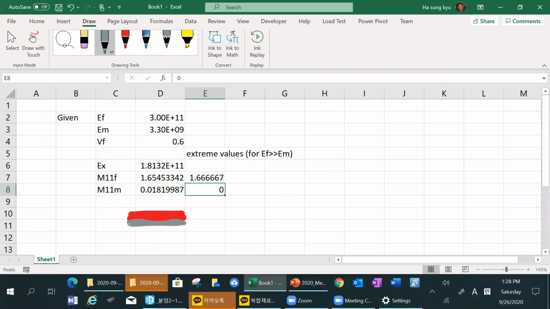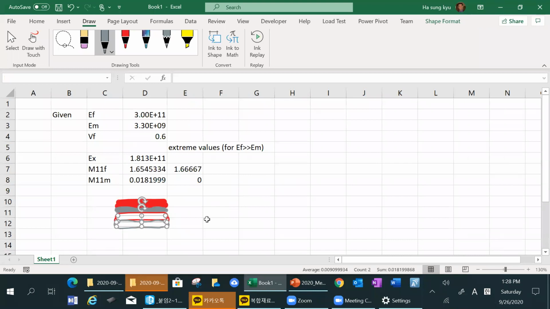We have a matrix and fiber, something like that.